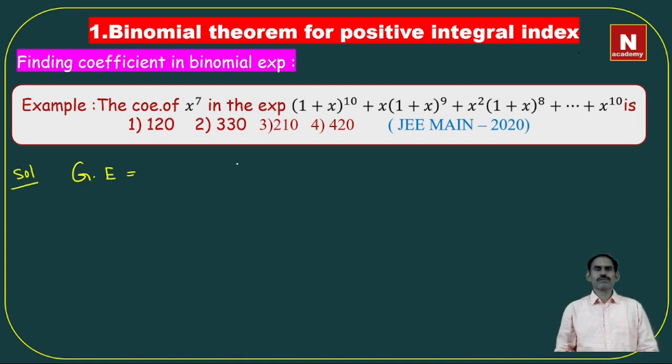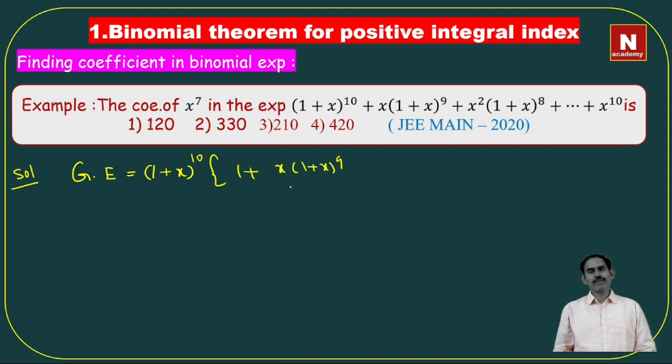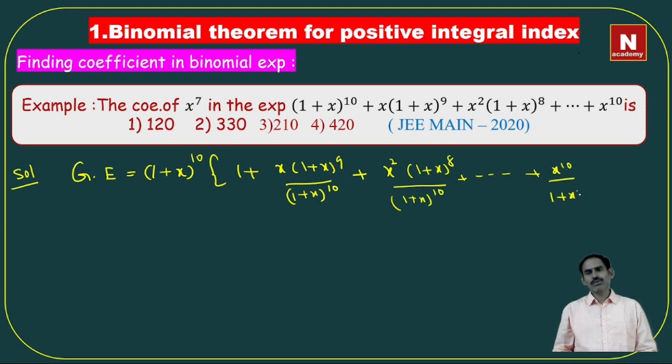Given expansion equals (1 plus x) whole power 10, which I am writing as common. For each term I am writing (1 plus x) whole power 10 as common, so the first term is 1. In the next term there is no (1 plus x) power 10, so divide: x into (1 plus x) power 9 by (1 plus x) whole power 10, plus x square into (1 plus x) whole power 8 by (1 plus x) whole power 10, and so on up to x power 10 by (1 plus x) whole power 10.